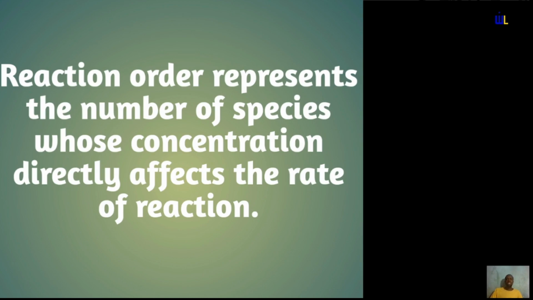If you say it is a second order reaction, it simply implies that the rate will change if only the concentration of two species changes. If it is a third order reaction, it simply means that the rate of the reaction will change if and only if the concentration of three species changes. So the order of reaction simply shows us how many species will affect the rate of reaction.